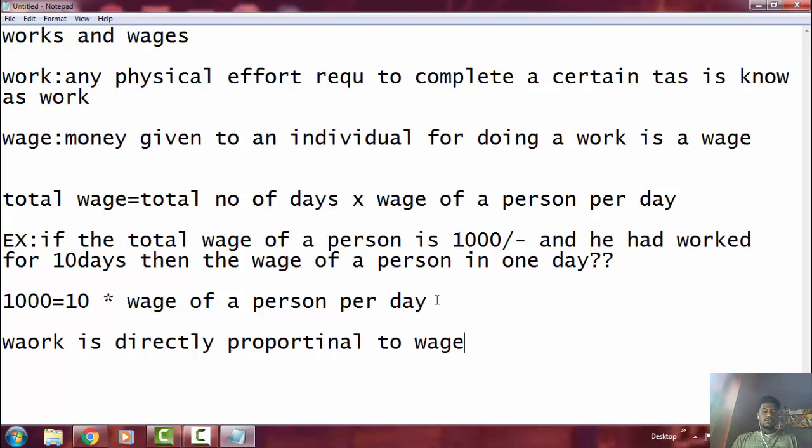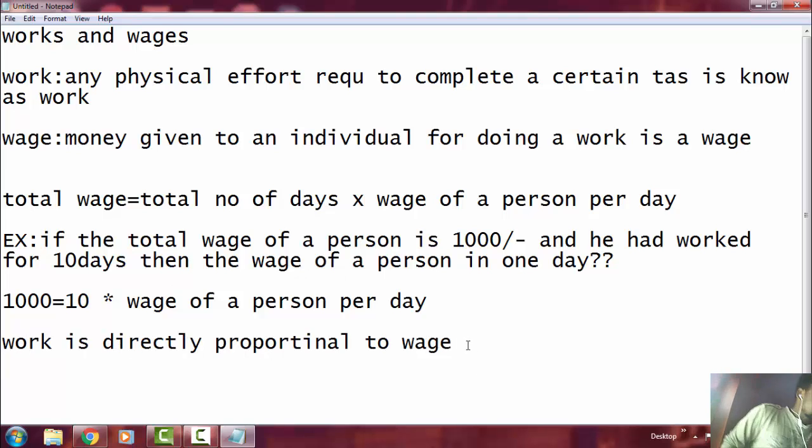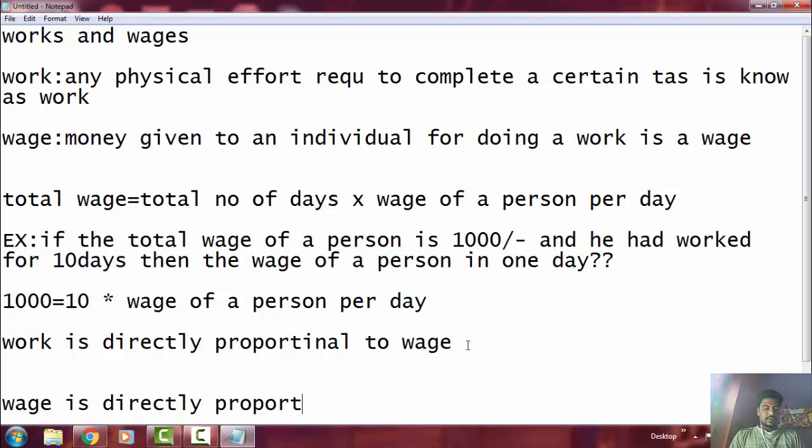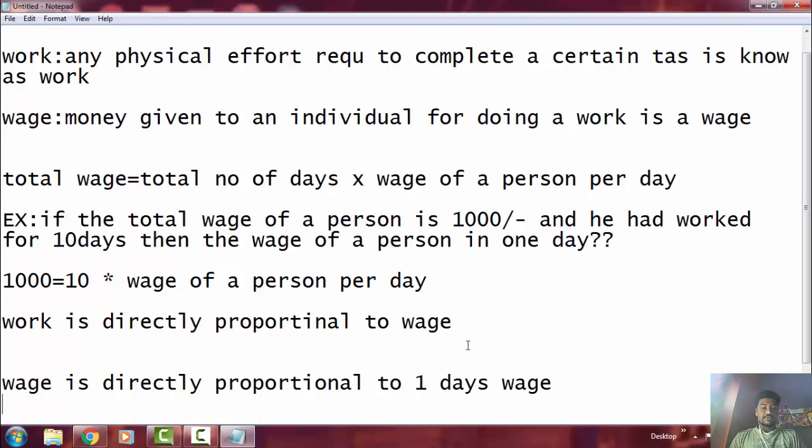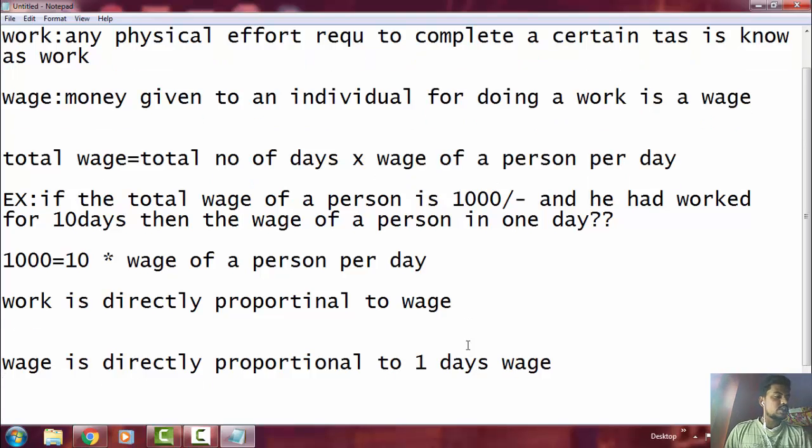The second concept: wage is directly proportional to one day's wage. If your one day's wage is very high, then the total pay you get will also be very high.